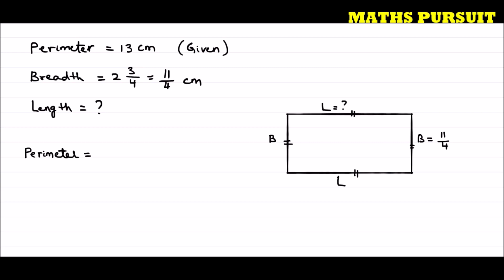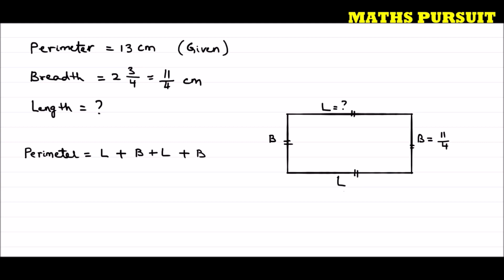That means we need to add, let us start from here, length plus breadth plus length plus breadth. That means first I am adding this length, and then this breadth, then this length, then this breadth. That means I am covering all the four sides of the rectangle. That is what we know as perimeter.